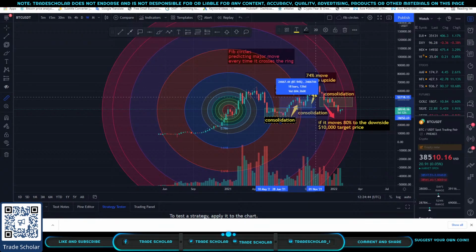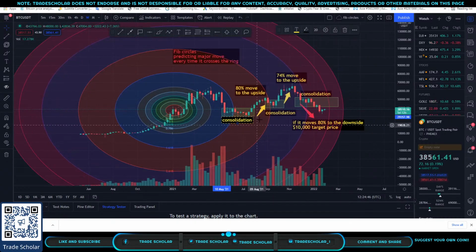Another cross of the ring, another consolidation, and it moves 74%. And now we cross another ring. This one is December 13, where it all began to the downside. After crossing, consolidation, and right now we are going down.